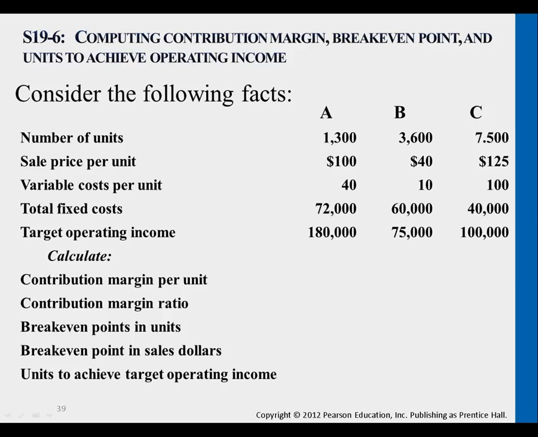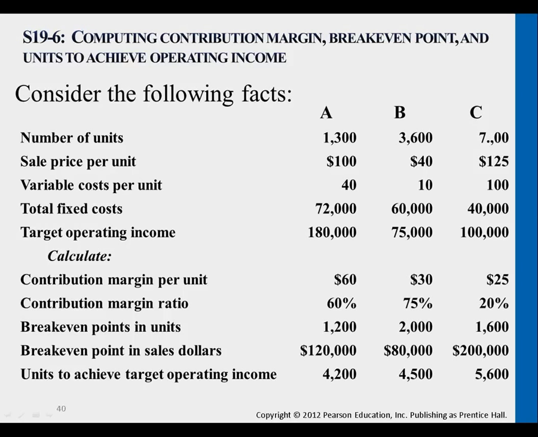There are no calculations, but it makes sense. So check really quick and let's move on to the next exercise. Units to achieve target operating income, you're going to take your target operating 180 plus 72 plus your total fixed cost, right? And then you'll divide by 60, your contribution margin.